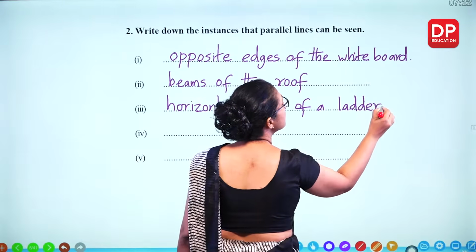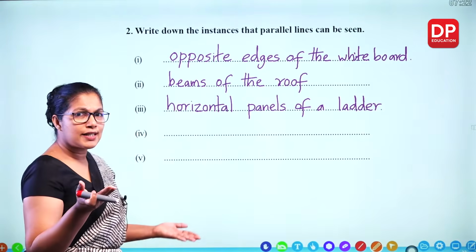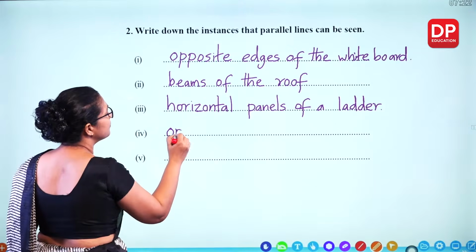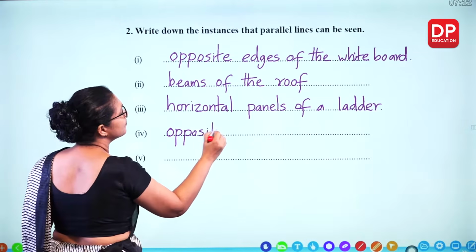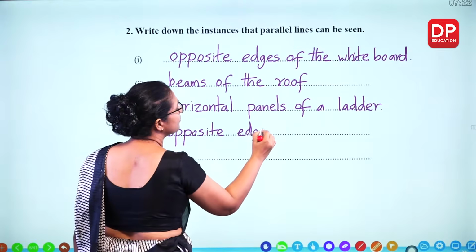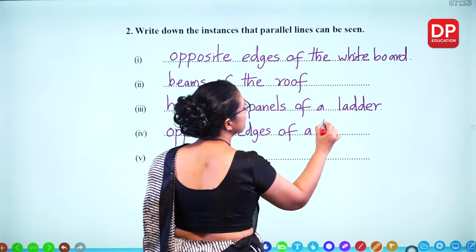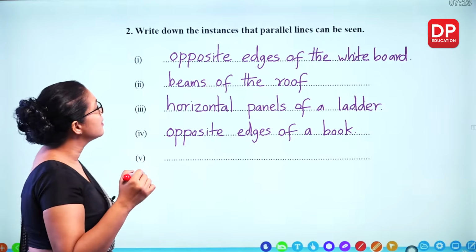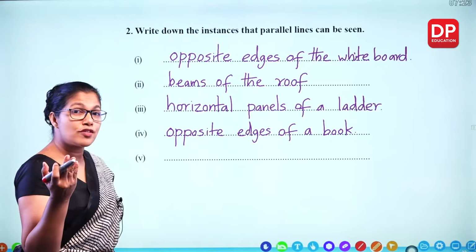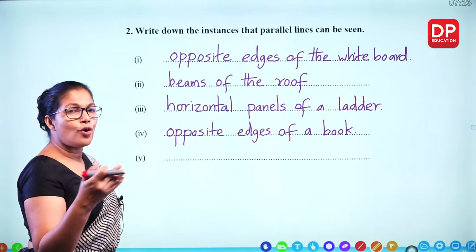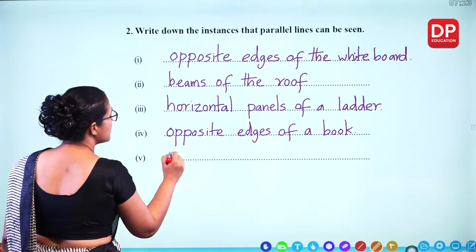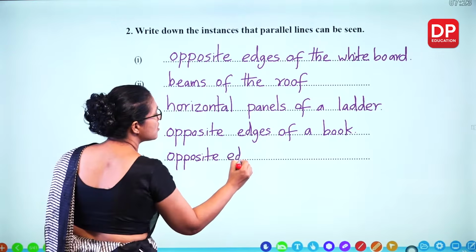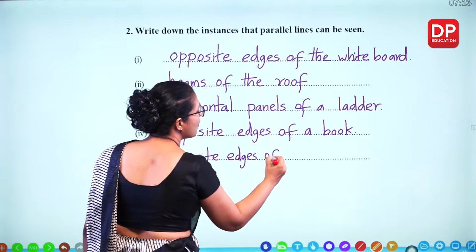What else? When you take your book, opposite edges of a book, and we can say opposite edges of a window, a door, opposite edges of a window.